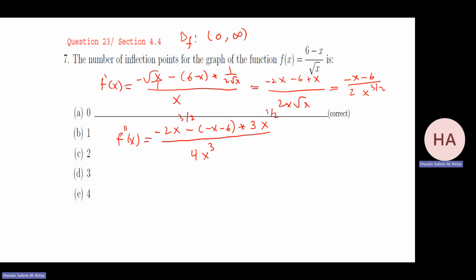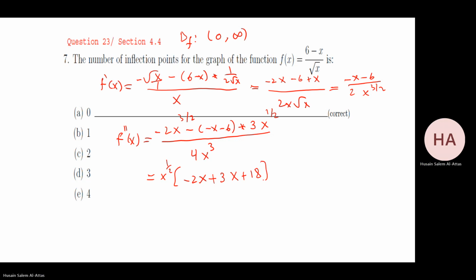Okay. Now we take common factors. With the common factor, it will be x to the power half. What's the remaining? Minus 2x plus 3x plus 18.